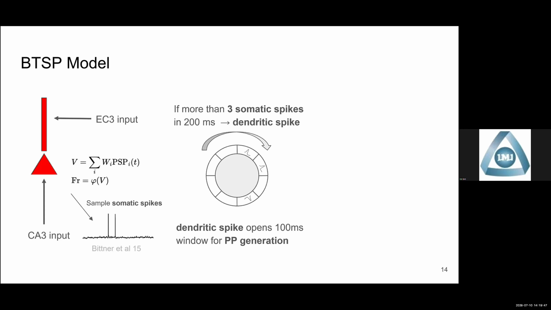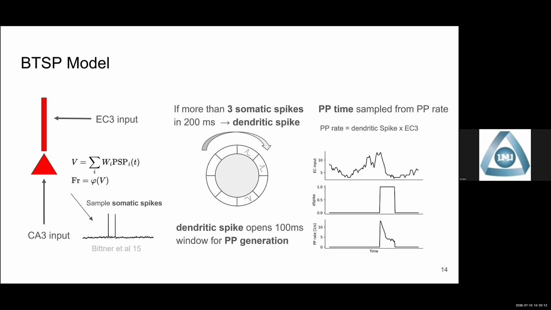If I have more than 3 somatic spikes in 200 milliseconds, I trigger a dendritic spike, provided that the neuron previously was relatively silent, where I have a similar mechanism where I have to go 500 milliseconds into the past and count the spikes. It's basically like a ring buffer where I have to register the spikes. And if a dendritic spike occurs, this opens for 100 milliseconds a window for plateau potential generation.